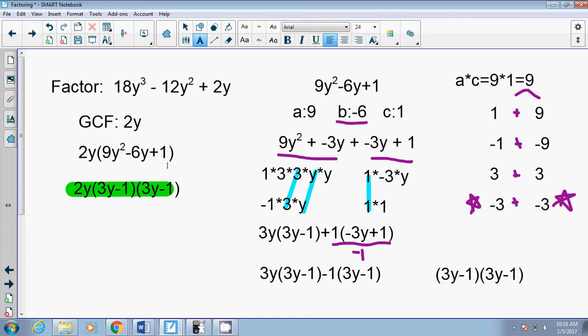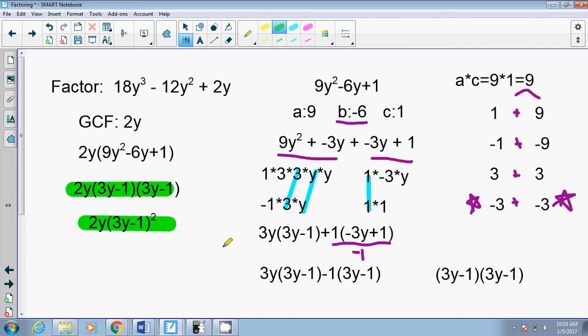I will point out another way that is acceptable to write this is 2y times the quantity 3y minus 1 squared, since there are two 3y minus 1s. Again, either of these are acceptable, just depends upon which notation you prefer. Again, you're able to check your answer by multiplying the problem out to check, but I'll guarantee you that we did this one right.